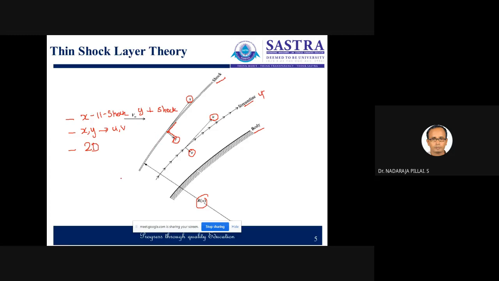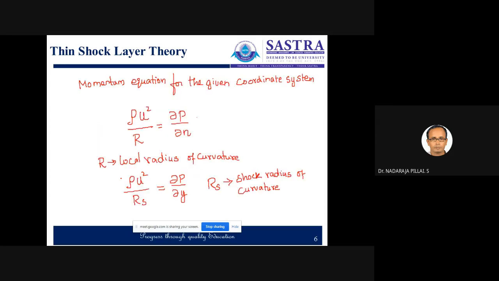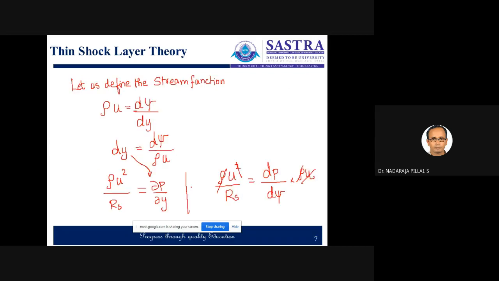For the shock it is r_s, we assume, right? So we write the momentum equation for the given coordinate system, that is ρu²/r is equal to ∂p/∂n, and r is the local radius of curvature. Since we have the assumption that the body, shock and all are equal, we consider ρu²/r_s is equal to ∂p/∂y, and r_s is the shock radius of curvature, right? When we define the stream function, we know that ρu can be defined as dψ/dy.